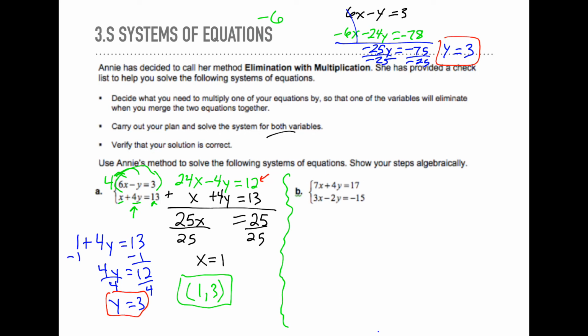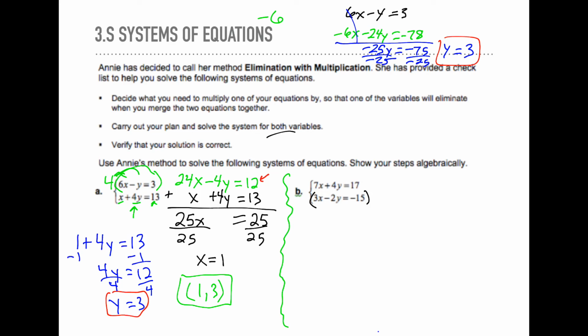All right, going back to part B. So part B, which variable do you think is going to be the easiest to eliminate? All right, if you said x, let's look at what we'd have to do. So if I multiply this bottom equation by something in order to get it to match with the top, that's not going to really come easy.